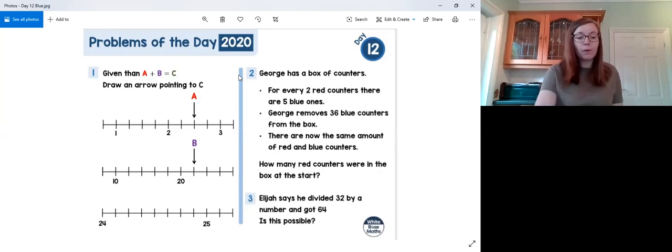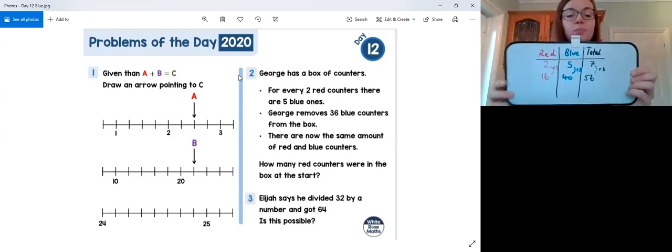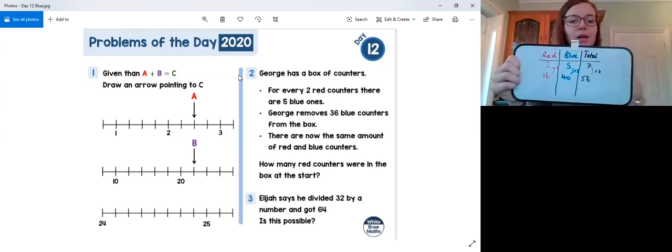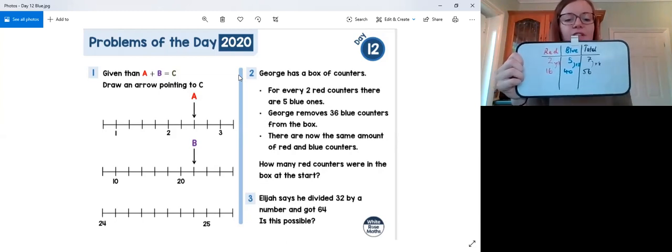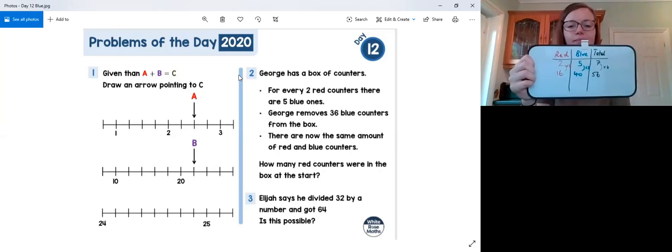And hopefully we'll recognize that 40 plus 16 is the same as 7 times 8 of 56. So can you see we've timesed all 3 of our numbers by 8. So the box has got 8 times bigger. We now have 56 counters in total, 40 blue and 16 red.